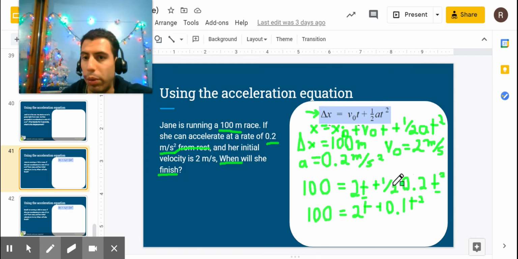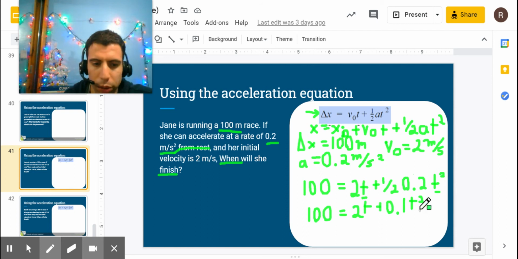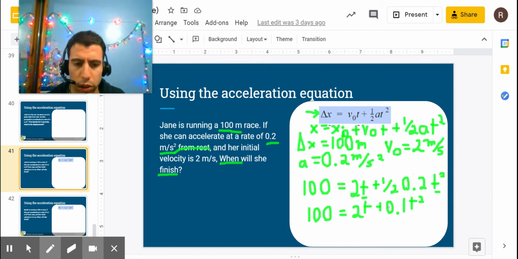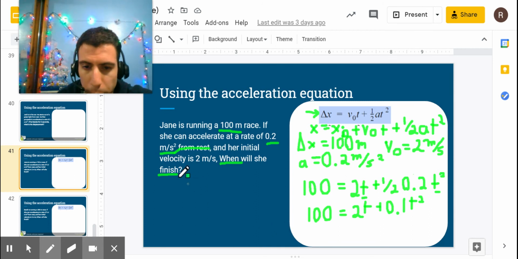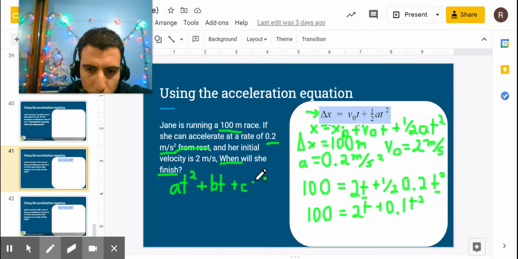Now we're in trouble because either way you slice this, you're always going to end up with a t squared. This is a polynomial, which means I technically have two answers out there in the universe, so I'm going to have to figure out what exactly is going on. First, let me put it in polynomial form. If you remember, polynomial form is a t squared plus b t, or whatever variable you have, plus c equals 0.